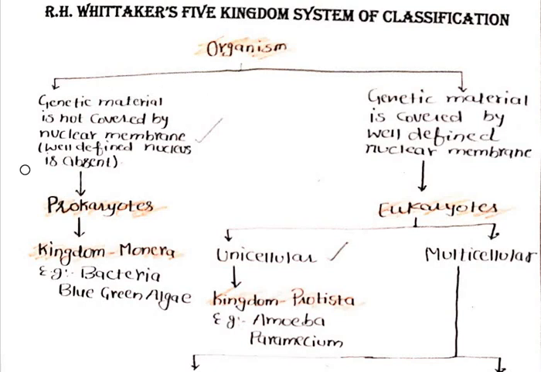The first criterion was based on the nucleus, especially the nuclear membrane. If the genetic material was not covered by any nuclear membrane, that is, a well-defined nucleus was absent, he classified all those organisms as prokaryotes, and their kingdom is kingdom Monera.